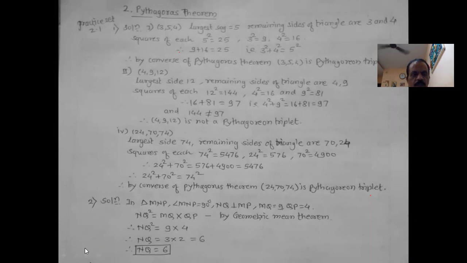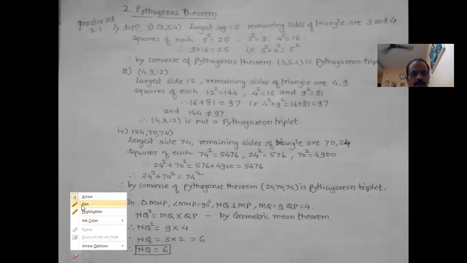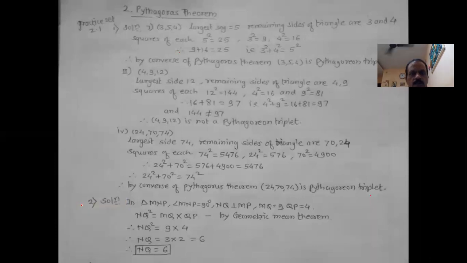Now 9 plus 16 is equal to 25, and therefore 5 square is equal to 9 plus 16, 25. Then we say that by the converse of Pythagoras theorem, 3, 5, 4 is a Pythagorean triplet.